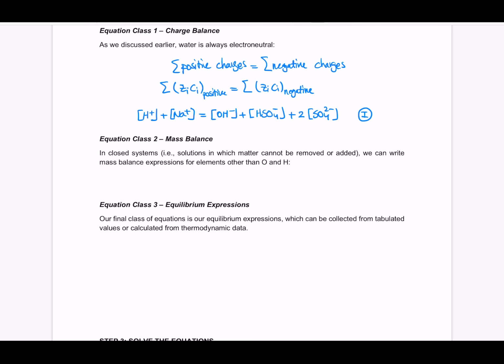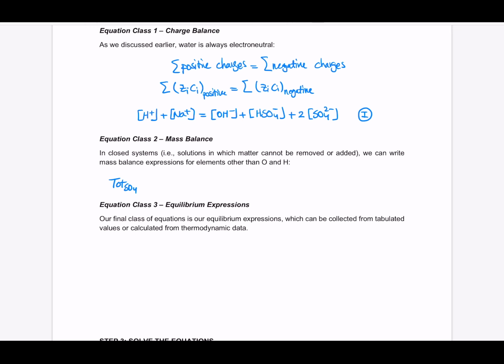What other elements do we have here except oxygen and hydrogen? Sodium, that's the easy one. Sulfur also. For the sake of simplicity, we just say this is the total of all the sulfur-containing species.